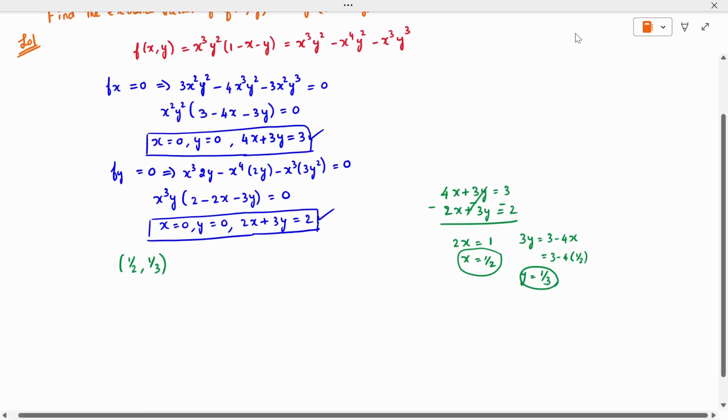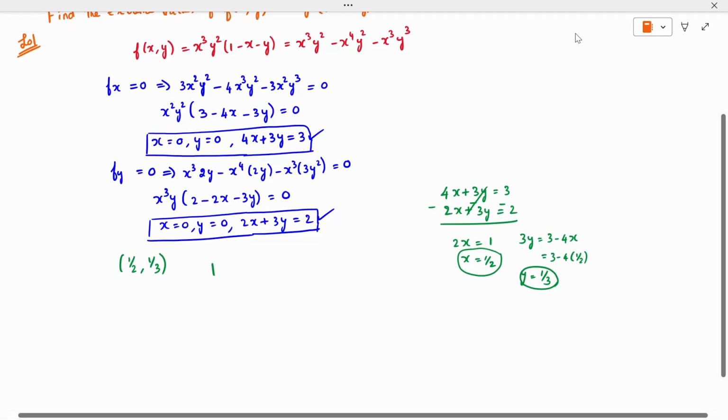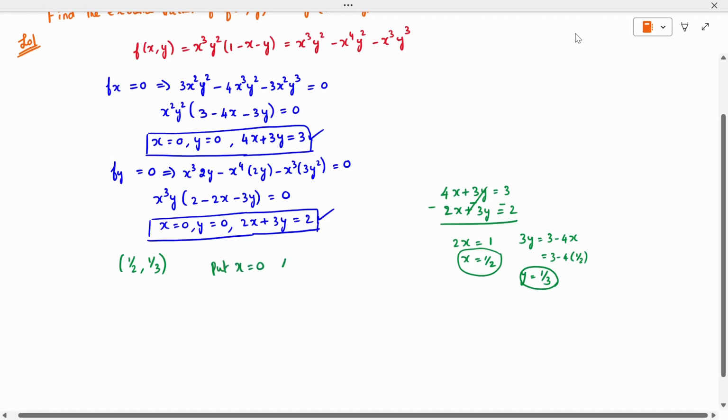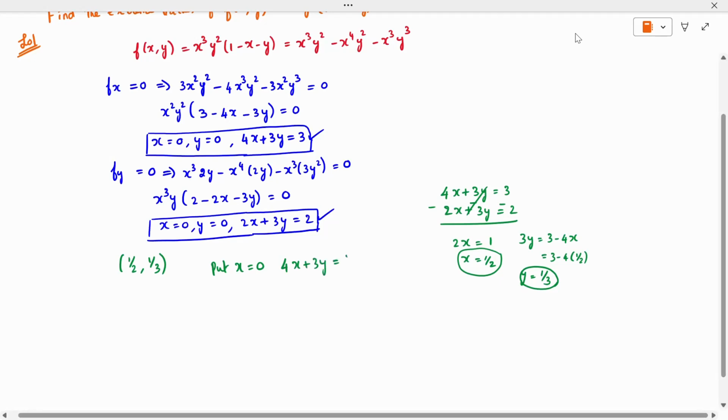Only one stationary point till now. For the other stationary points, put x equal to 0 in 4x plus 3y equal to 3. Then 3y equal to 3, so y equal to 1.